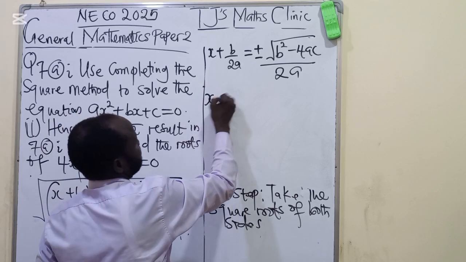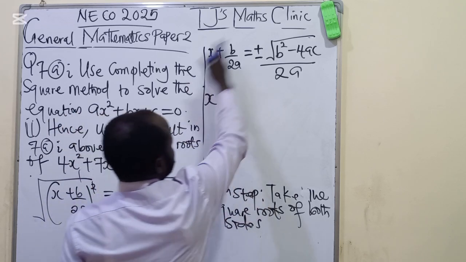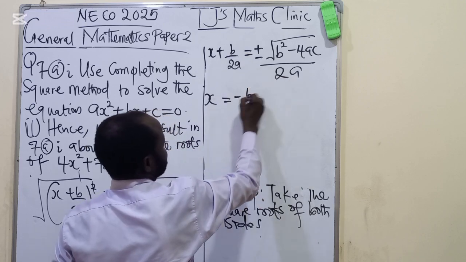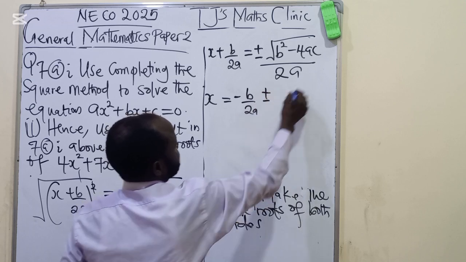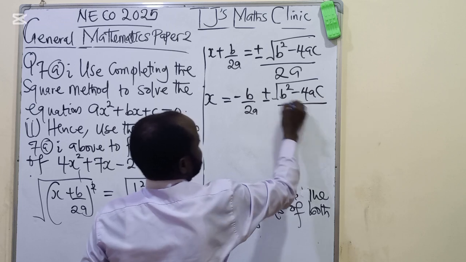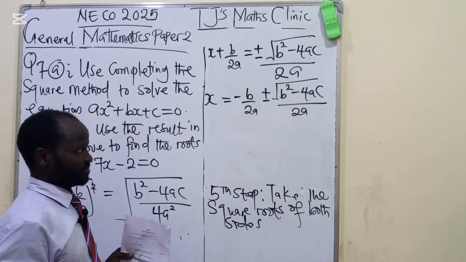Okay, so the next thing to do, let's try to make x the subject of the formula here. So we have x will now be equal to, let's bring b/2a to this side. We'll have −b/2a plus or minus the square root of b² − 4ac divided by 2a. Let's find the LCM at this point. Very important.